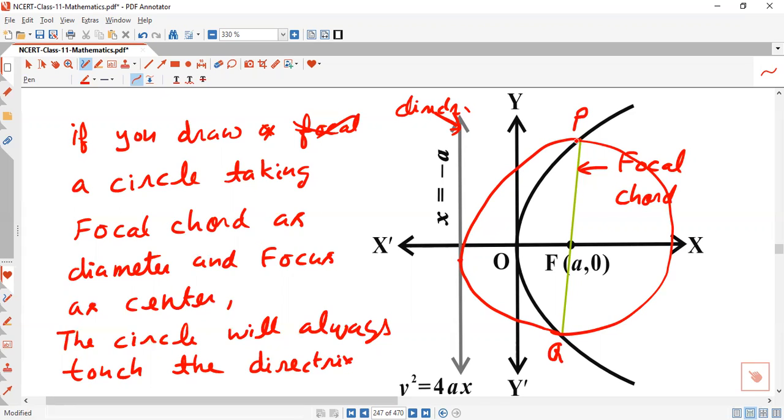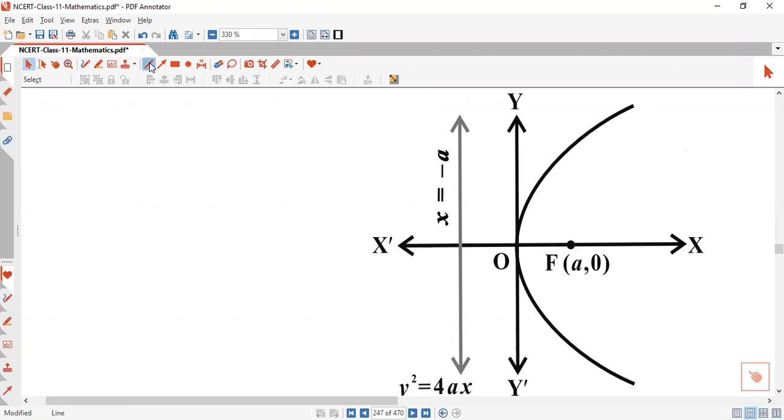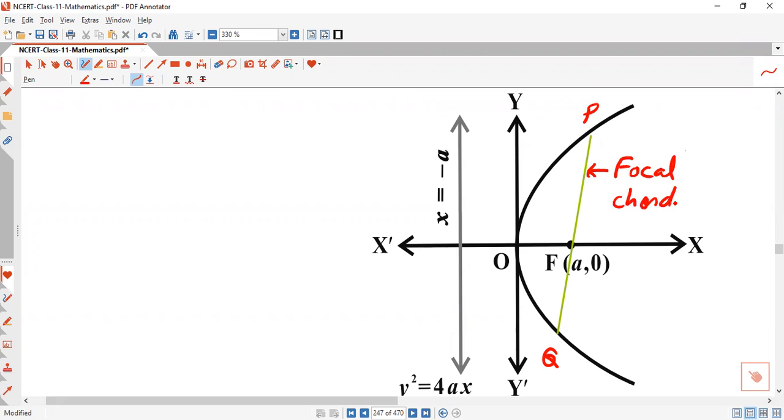In other words, let me explain again. Let's say P and Q are the focal chord.